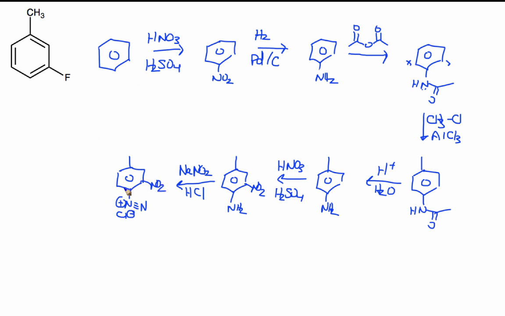Now that we have this diazonium ion, we can treat that with H3PO2 to convert that to the hydrogen. So it essentially just removes it.